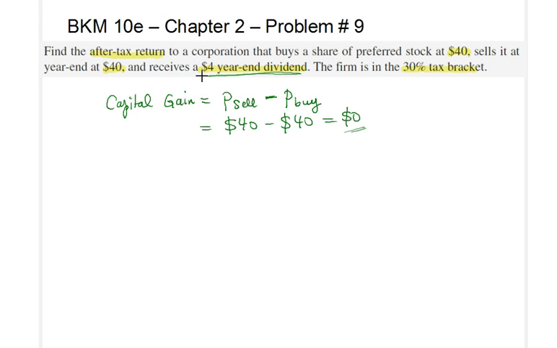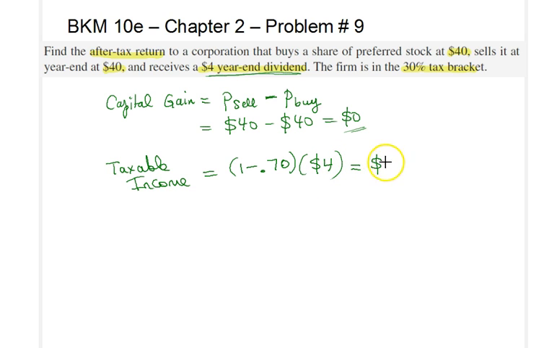In this case, the taxable income would be 1 minus 0.70 times our dividend income, which is $4. As a result, we will see our taxable income will be $1.20.